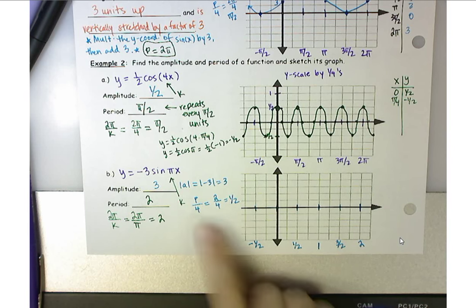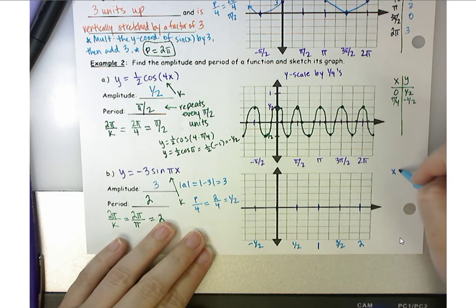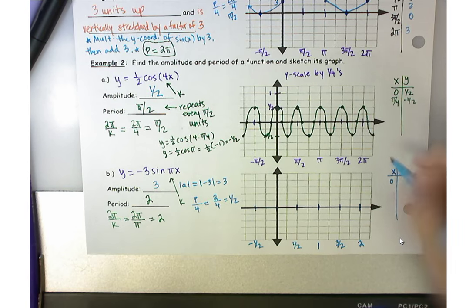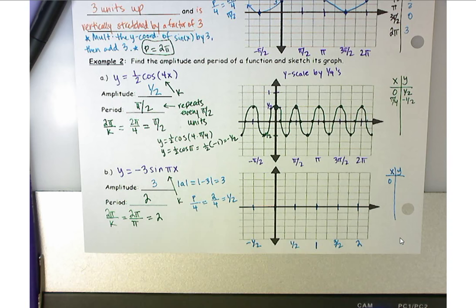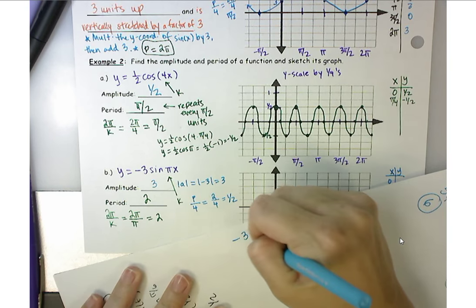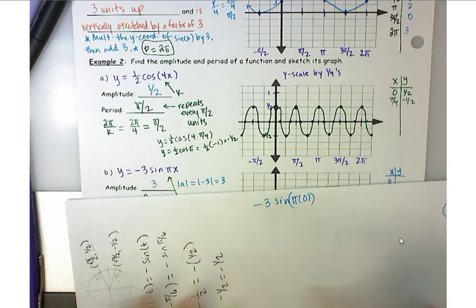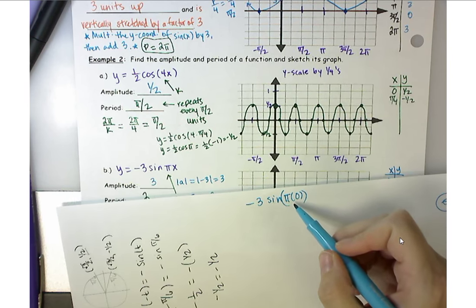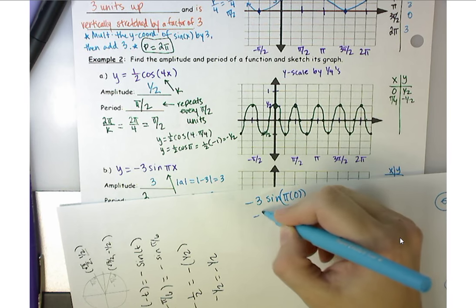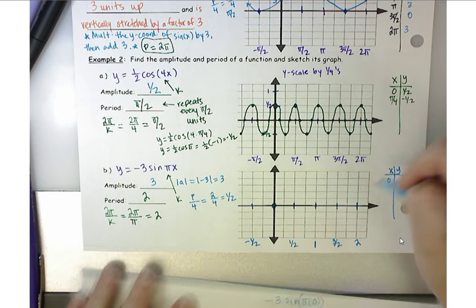The first thing I want to find is what happens where? What have we always been finding first? At 0. Okay, so at 0, again, you can plug this in. You have -3 sine of pi times 0. Well, anything times 0 is just going to be 0. So then the sine of 0 is 0, which means at 0, I'm at 0.